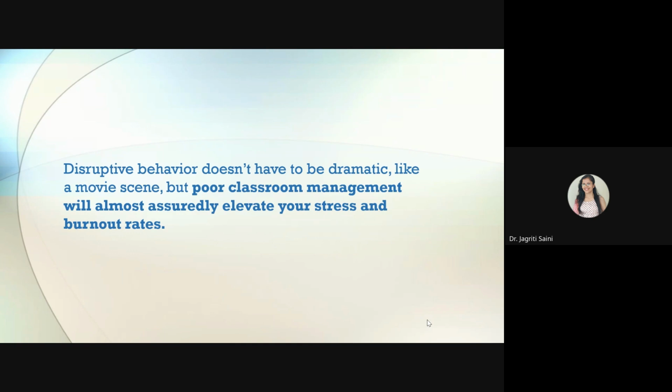But yes, when we have poor classroom management, it is going to put more stress and a higher burnout rate on the teacher. You are likely to take that frustration into your life, after your work hours as well. So definitely we need to take care of ourselves as teachers while managing our students well.